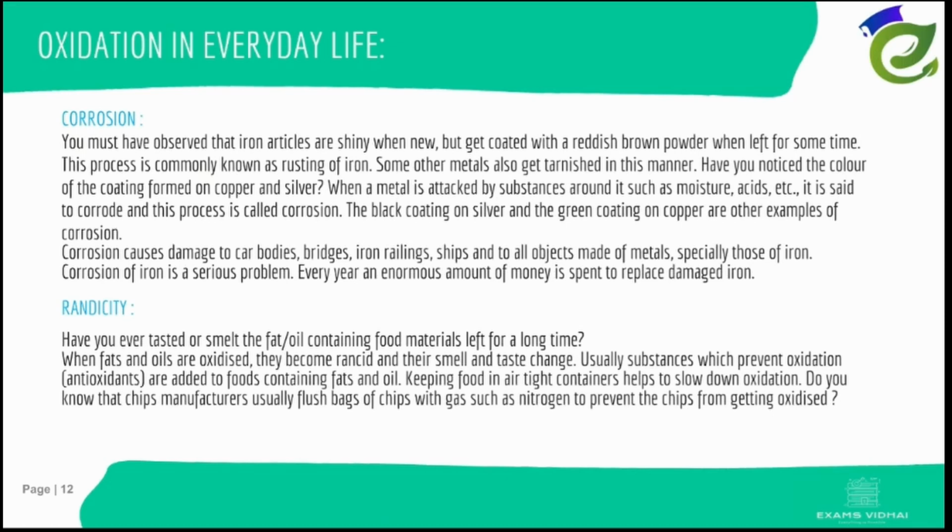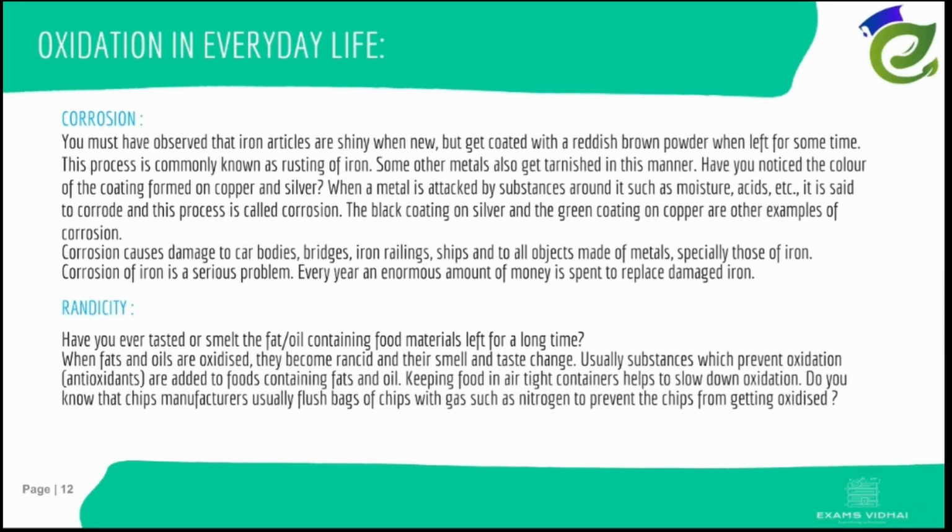To reduce corrosion, we paint all the iron products so that they don't react with oxygen in the atmosphere. And what is rancidity? Have you ever tasted or smelled the fat or oil from food materials that is left for a long time?